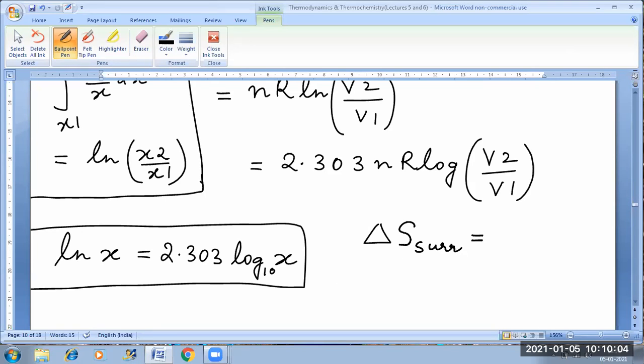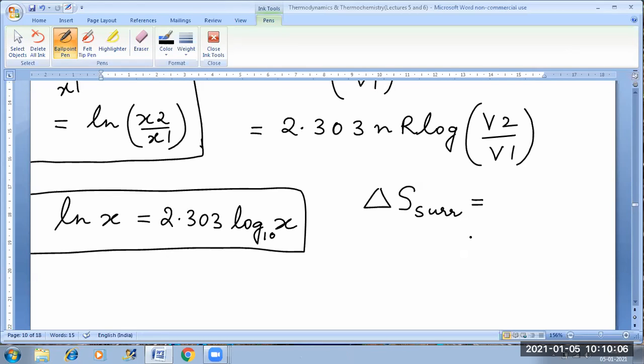So I can say that the temperature of the surroundings is now T, that is same as the temperature of the system. So again, I will say this one. And now it is dq surrounding, one by T.